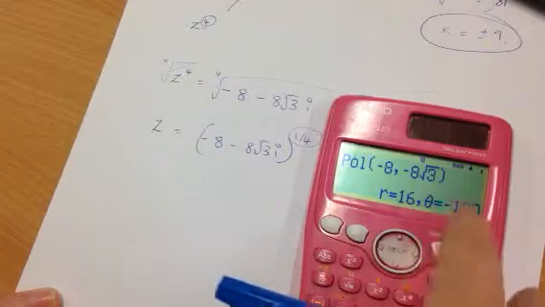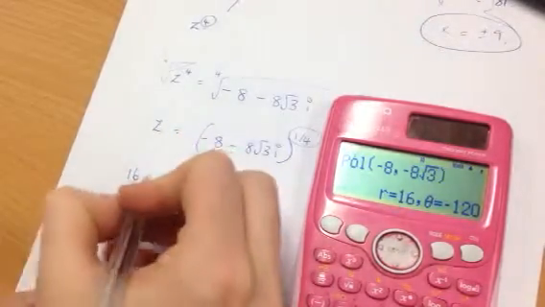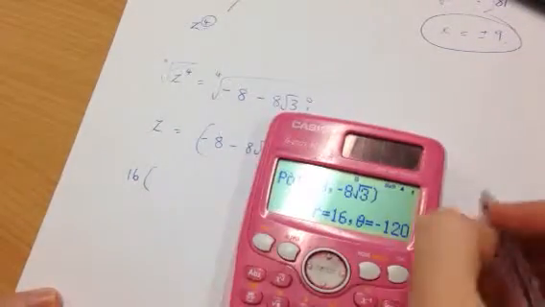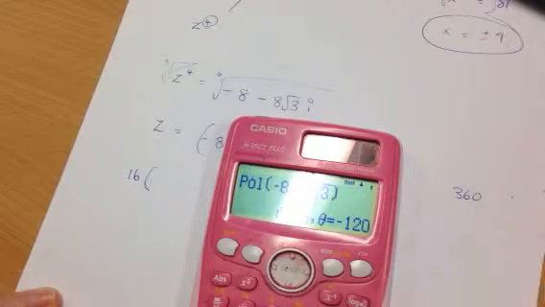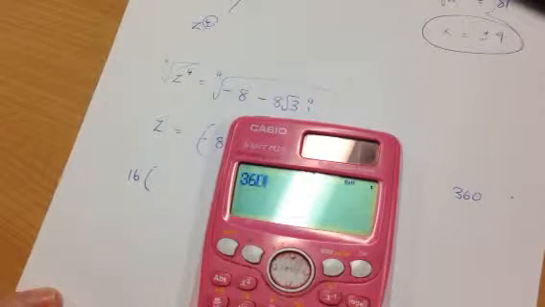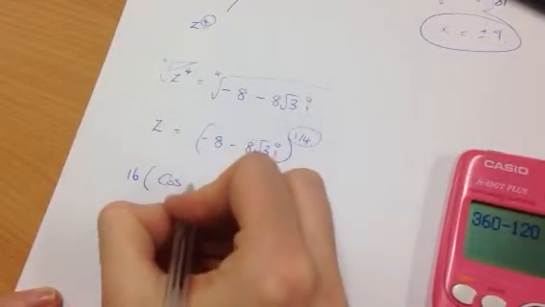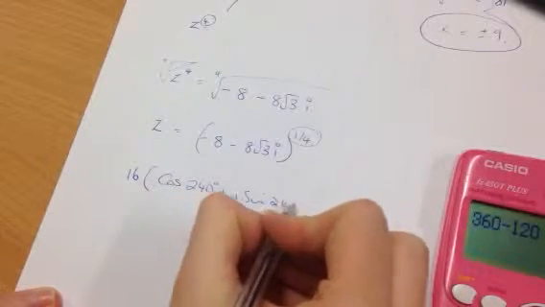So 16 is the modulus, and minus 120 is the same as 360 minus 120, which is 240. So that's cos 240 degrees plus i sine 240 degrees.